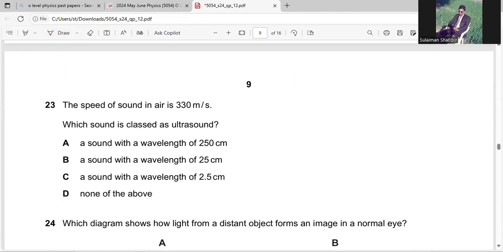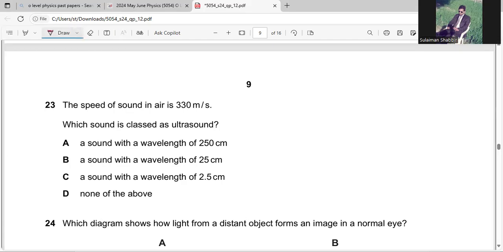The speed of sound in air is 330 meter per second. Which sound is classed as ultrasound? A sound whose wavelength is 250 centimeter, whose wavelength is 25 centimeter. So we will have to use V equals F lambda. I don't have the frequency over there.